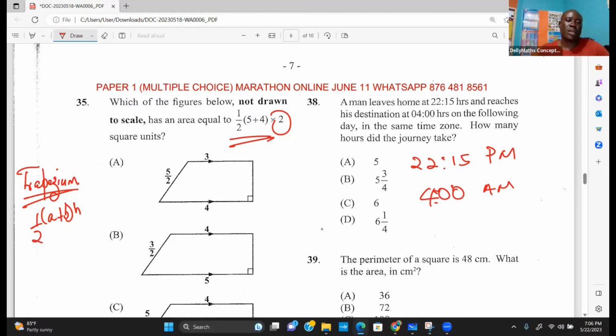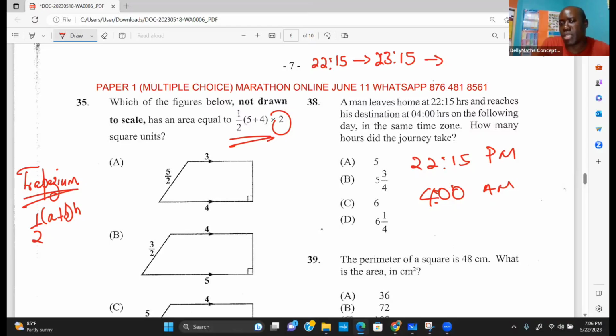All right, so you have to be careful with these checkings. In a multiple choice, you could check systematically. For example, you could say, all right, 22:15, and the next stop would have been 23:15.